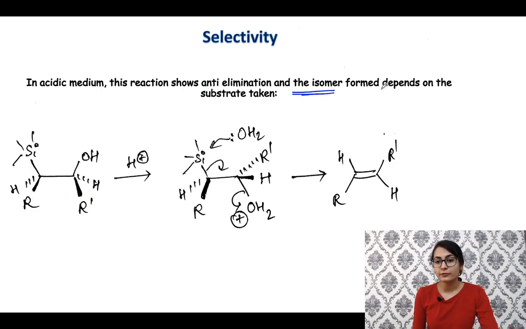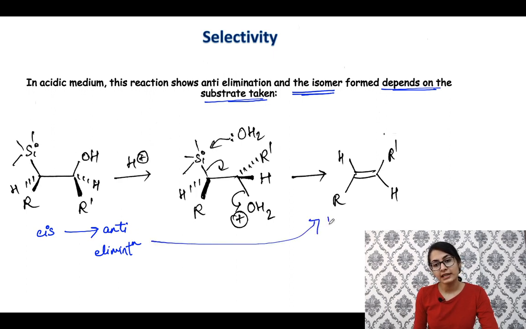The isomer which is formed depends on the substrate taken. So we took a cis substrate and we are doing anti-elimination on it. If we are doing anti-elimination on it, we are definitely going to get the trans alkene.